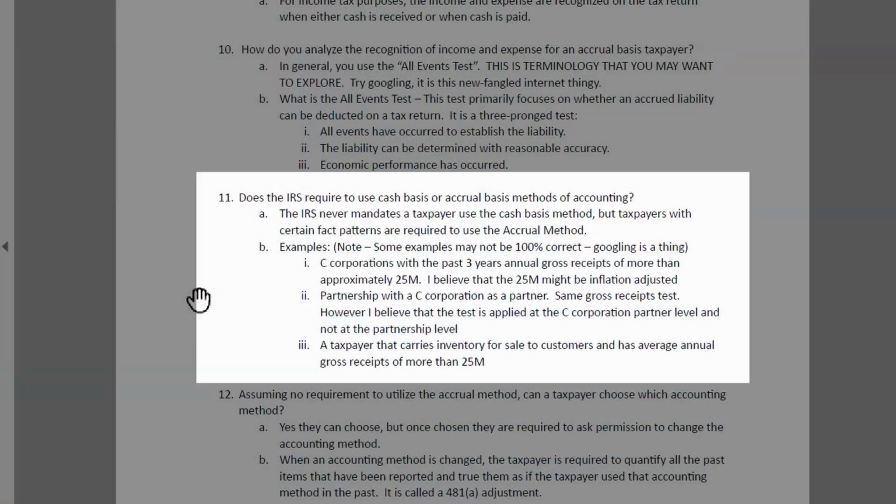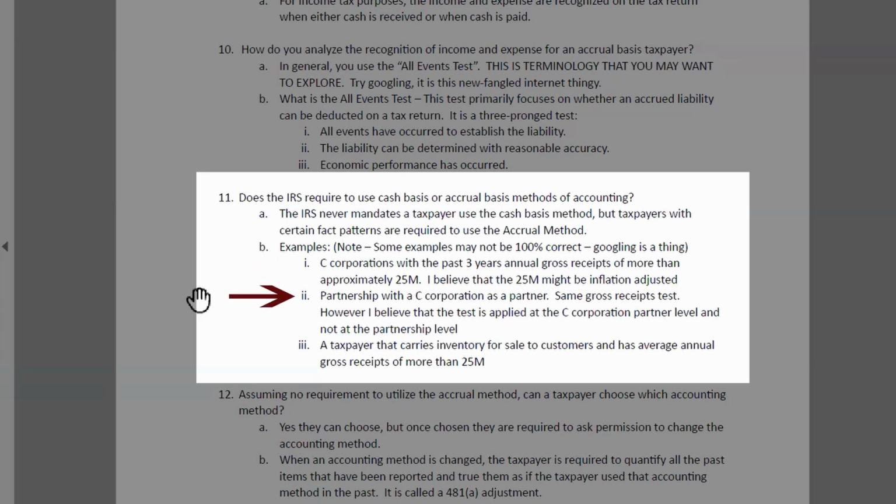Does the IRS require you to use the cash basis or accrual basis method of accounting? The IRS never mandates that the taxpayer use the cash basis method, but taxpayers with certain fact patterns are required to use the accrual method. Examples, noting some examples may not be 100% correct, Googling is a thing. One, C corps with past 3 years annual gross receipts of more than approximately 25 million, inflation adjusted.